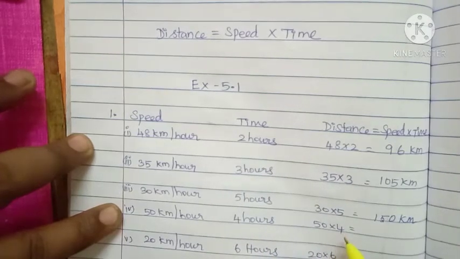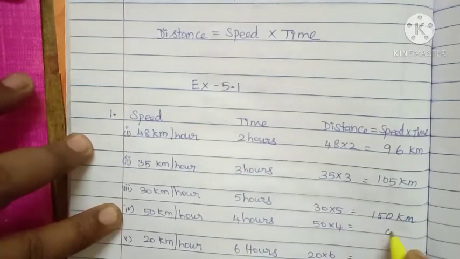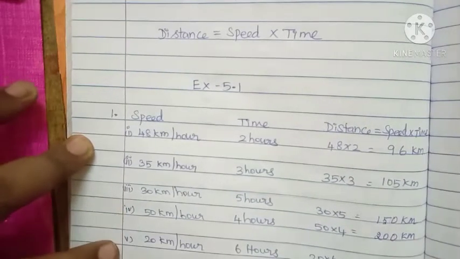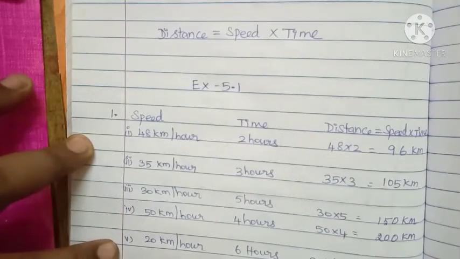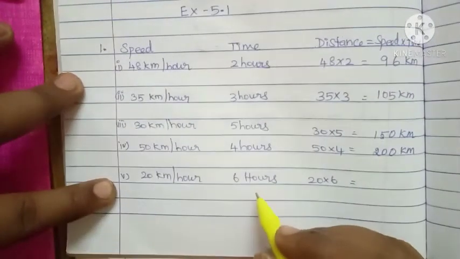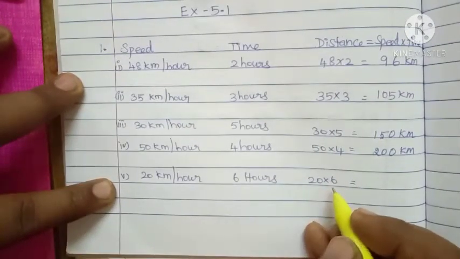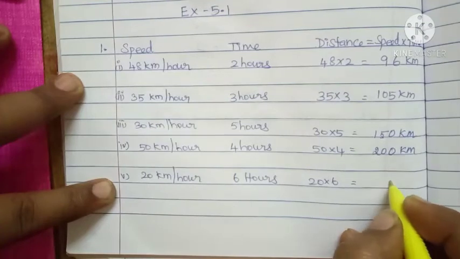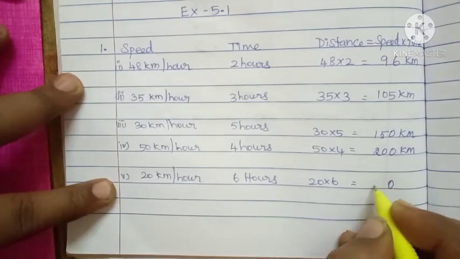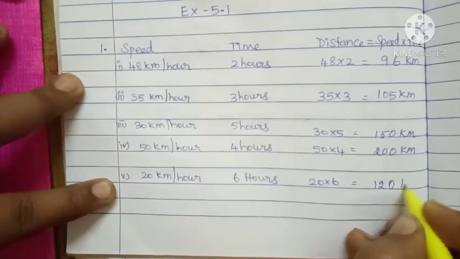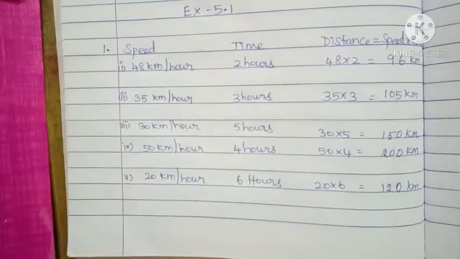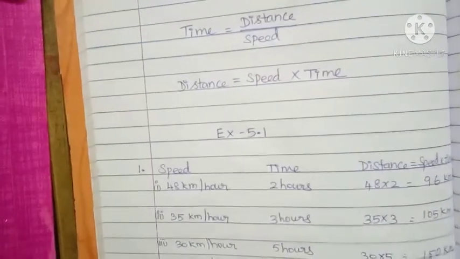So 50 multiplied by 4: 4 zeros are 0, 5 fours are 20, 200 kilometer. The next one, 20 kilometer, 6 hours. 20 multiplied by 6: 6 zeros are 0, 6 twos are 12. So 120 kilometer. So this is exercise number 5.1.